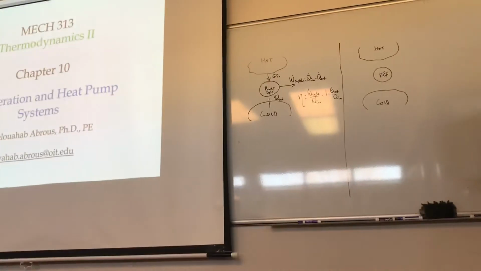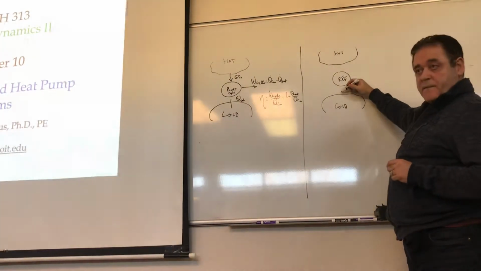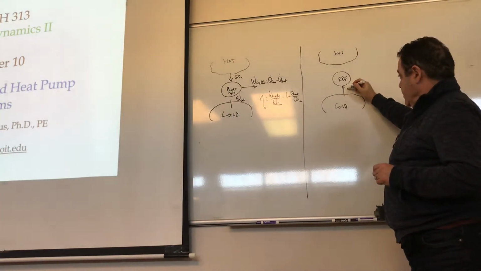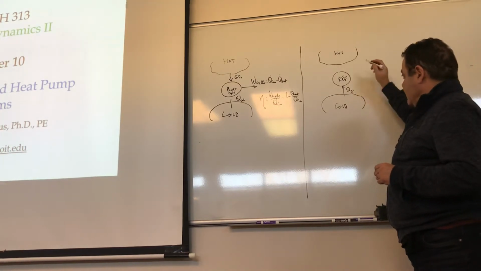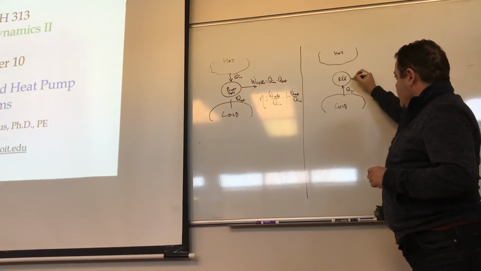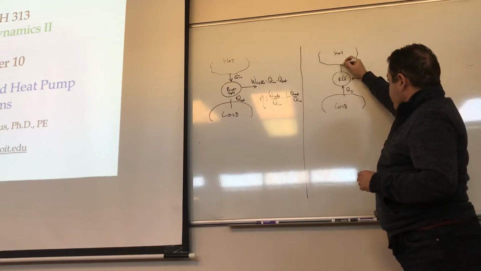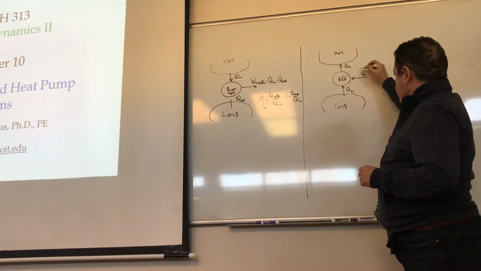The goal of a refrigeration cycle is to cool the space, right? So that means you are bringing in Q cold, but you are putting in some work, and then you reject this entire heat, which we call QH.